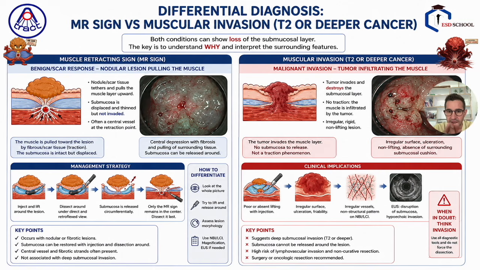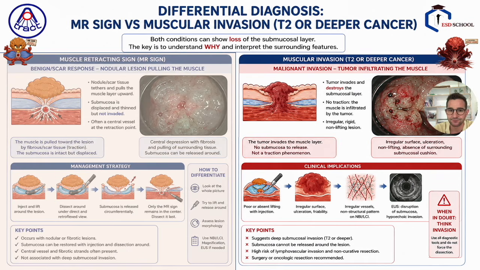So for me, clearly different between muscle retracting sign in nodular lesion and invasive cancer, which are not nodular. And sometimes you have nodules with invasive pattern. Should we try or not? It's a good question, and it depends on your expertise, the impression, the size of the deep invasive area, etc.